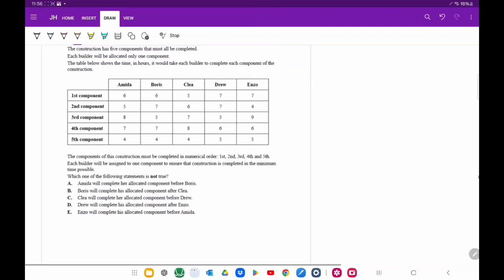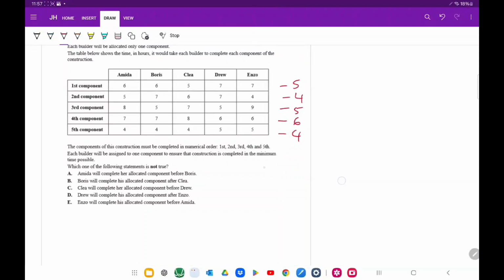Now question 6 requires the Hungarian algorithm, and if we go through row reduction, we're going to have to subtract 5 from the top, subtract 4, subtract 5, subtract 6, and subtract 4. And I trust that you'll be able to do the algorithm.